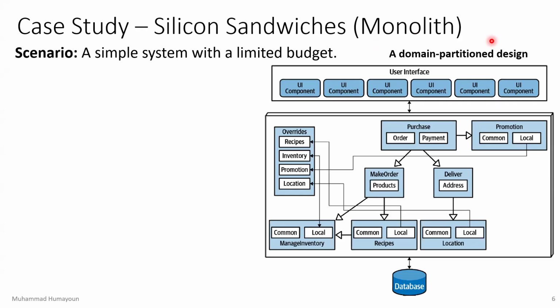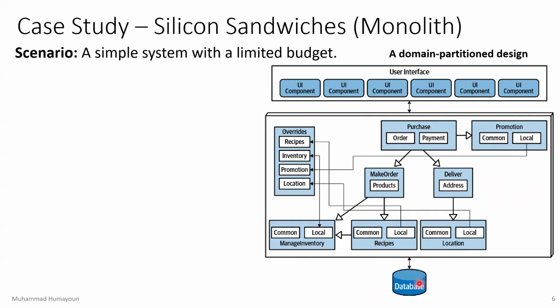So let's focus on a domain partition design. What domain partition design means is that you have one component for purchase, one for promotion, one for location, one for recipes, one for managing inventory, one for making orders, one for delivery, and then all these UI components that connect the different components together, and one big database at the end.